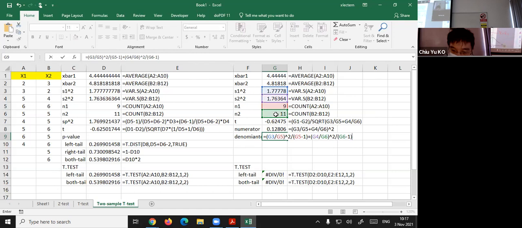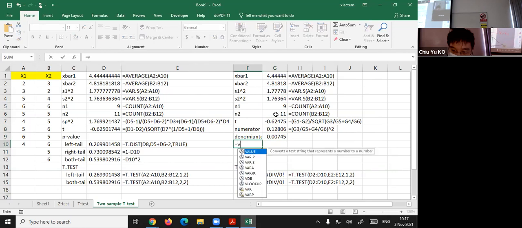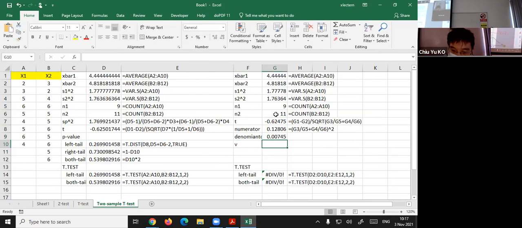So this will be the formula. And that means V will be just the numerator divided by the denominator.